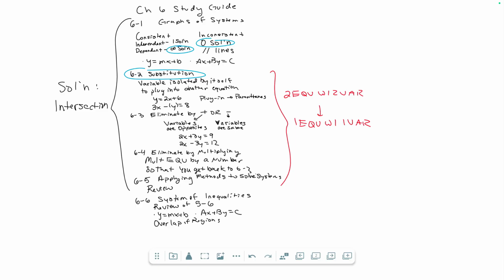Okay? When you substitute, eliminate by any of those methods, you are looking to go from 2 equations with 2 variables to 1 equation with 1 variable. And this is just everything we learned in chapter 2 about how to solve an equation, right? PEMDAS backwards.